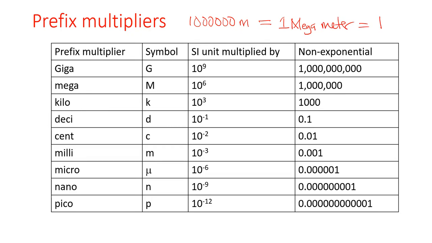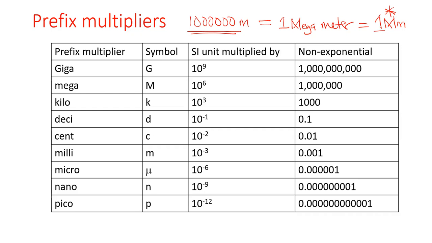So given as 1 big M, small m. So this value here is more convenient than this value. So because of that, we usually use prefix multipliers to make the values more convenient to use and more convenient to read. So the prefixes that we have are, you just need to study this table.